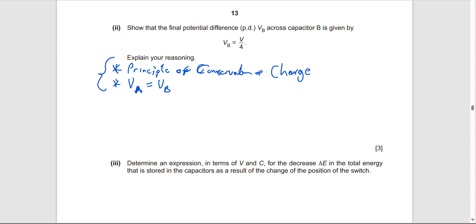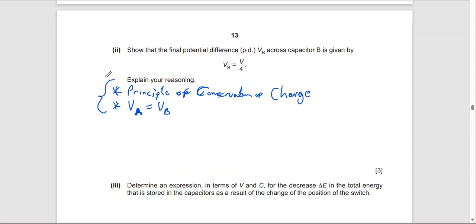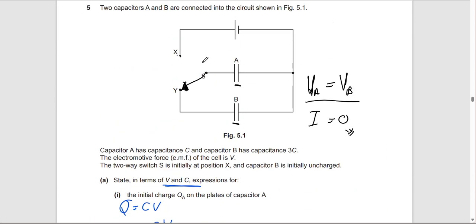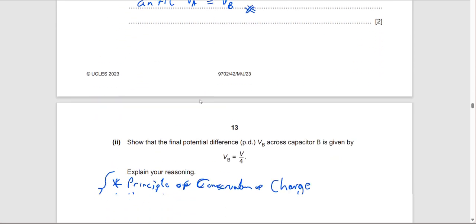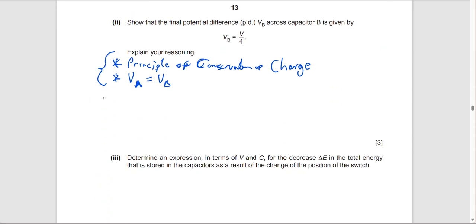So yeah, initial charge. Remember from this diagram, this was connected right there, and the cell charged capacitor A only, not capacitor B, because it wasn't connected. So all of the charge accumulation went on capacitor A. So we're going to say initial charge equals CV, right?